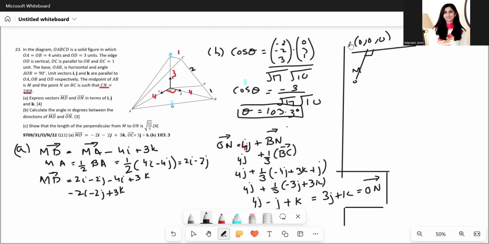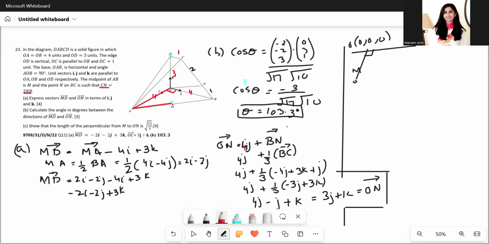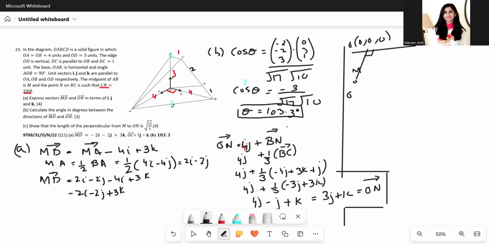All right, now first I need the coordinate of M. So for that, what I can do is I'll go from O to A, and then A to M. Let's do that. So to find OM, we're going to go 4i plus half of AB.